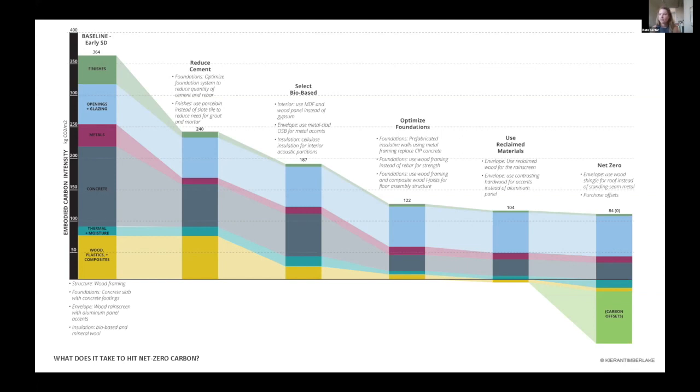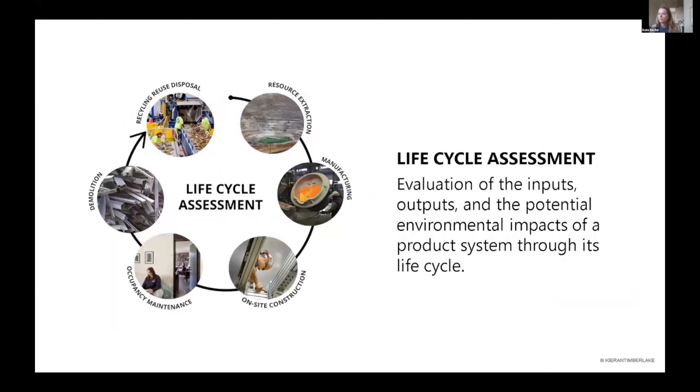Using reclaimed materials and retrofitting is a huge way that you can help reduce your embodied carbon, as well as just being net zero in operations. And then there's also, of course, carbon offsets, which is another way that you can offset the materials that you can't reduce substantially. And so I'm going to hand this off to Roderick now. Thank you.